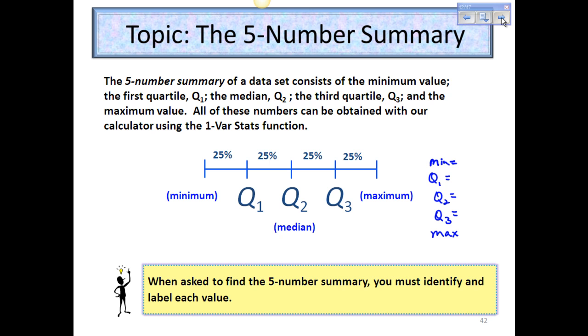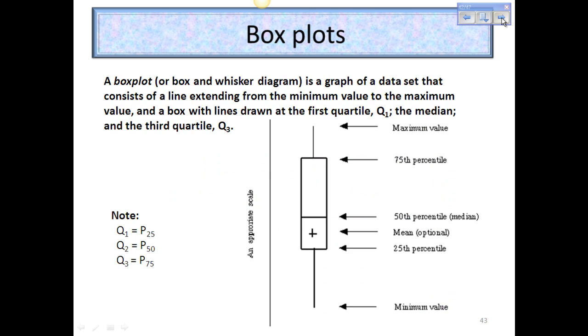If you are asked to make a box plot or a box and whisker diagram, then you can label minimum, Q1, Q2, Q3, and maximum, as well as label the number on your box plot, as long as I see that each one is identified and labeled.